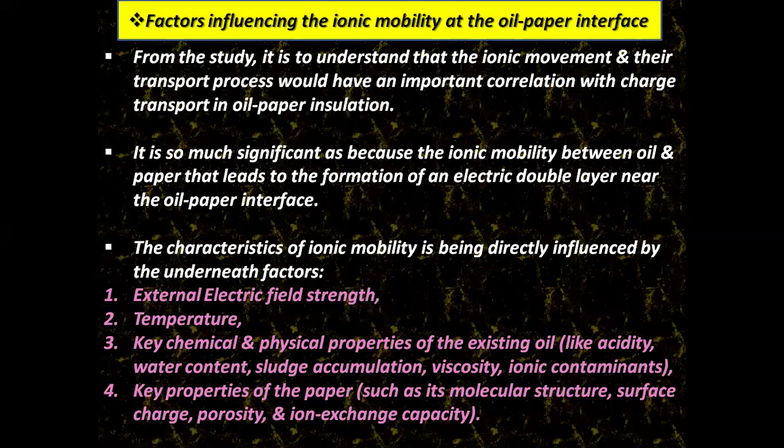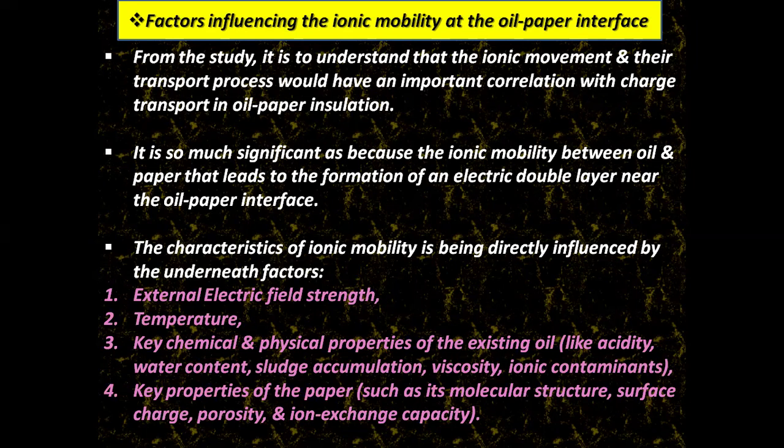Let's start with factors influencing the ionic mobility at the oil paper interface. From the study, it is to understand that the ionic movement and their transport process would have an important correlation with charge transport in oil paper insulation.